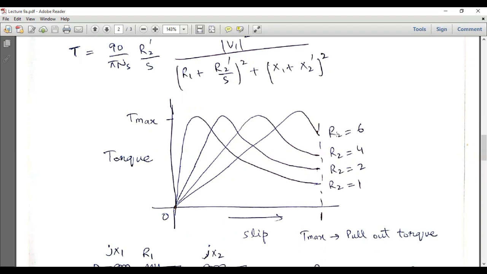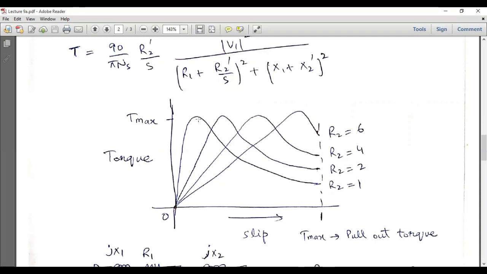If the rotor resistance is high, then this type of torque curve is obtained. If we slightly reduce the rotor resistance, the torque curve will be shifted like this. For even smaller values of rotor resistance, these torques will be obtained, which are given over here.